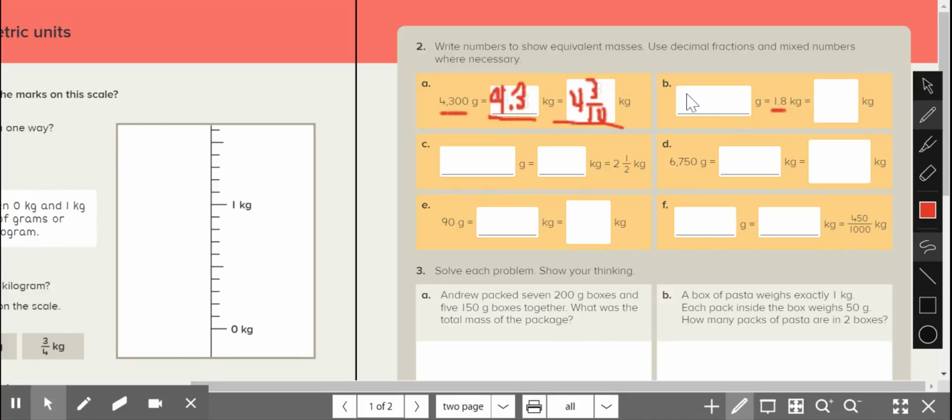So if we take 1,000 times 1.8 kilograms, we end up with 1,800 grams. And if we want to write this as a mixed number, we would write 1 and 8/10.